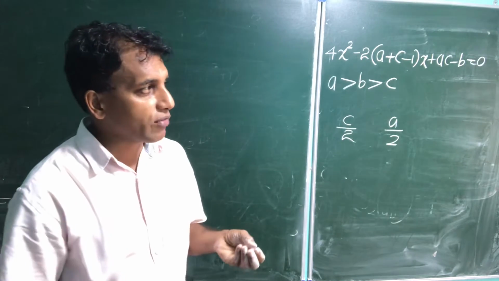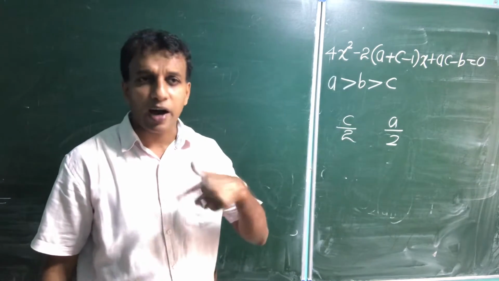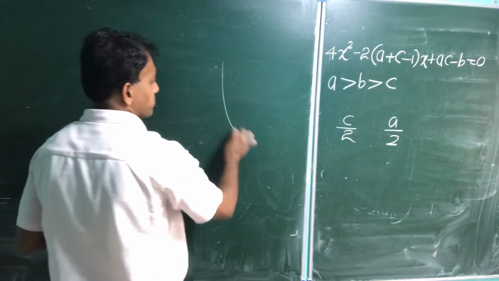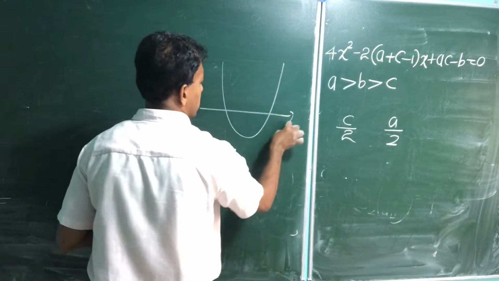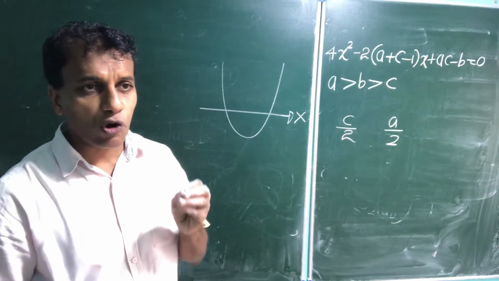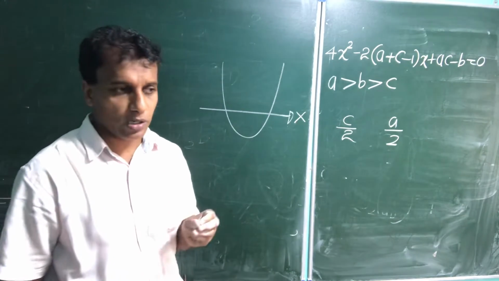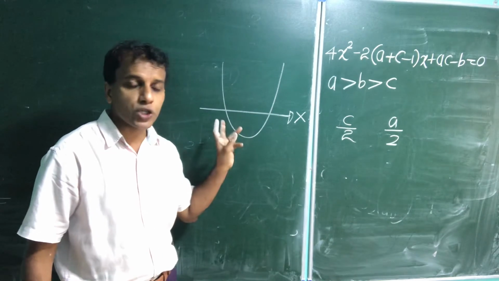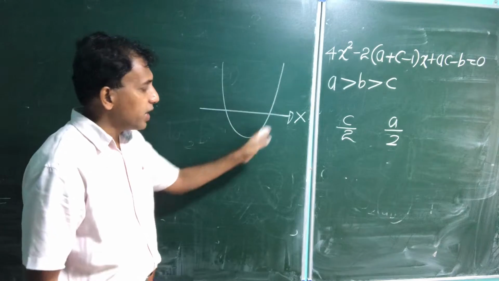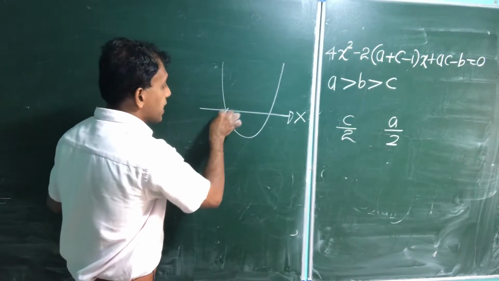A quadratic function can be drawn as a graph, with a minimum or maximum. See here, a graph drawn like this. What are the solutions of the quadratic equation? They are where this graph cuts the axis.